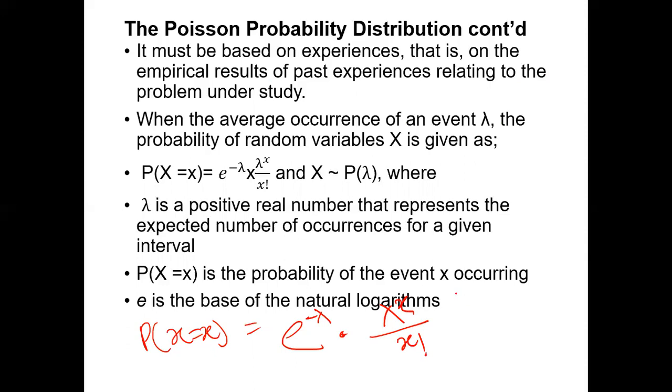In essence, the lambda is just the mean or the average or the expected value. Then the x, of course, is the number of successes. Then the e is simply the base of the natural log, which we can find on our calculator.